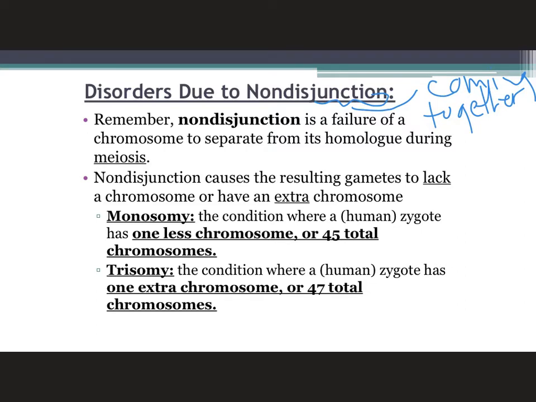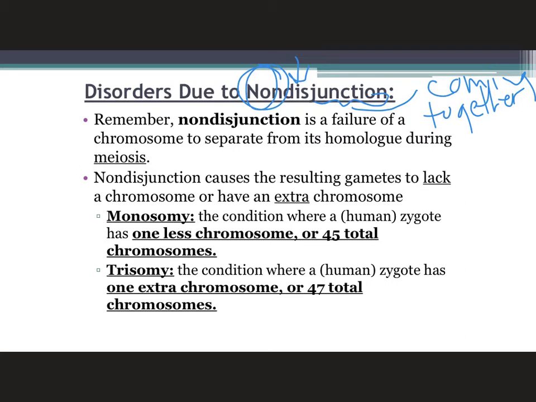When you see a street sign that says JCT, that's short for junction, which means you're coming up on 2 roads or 2 routes crossing together. So junction is coming together. Dis is the opposite of coming together, so that means coming apart. And then the non in the beginning means that it's not coming apart.